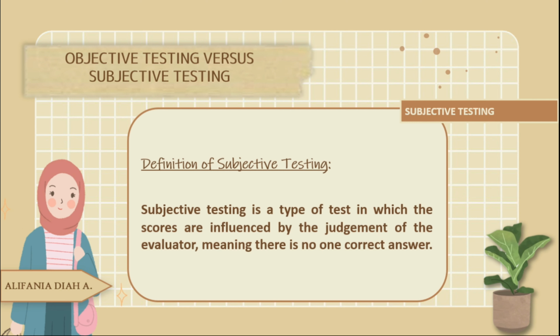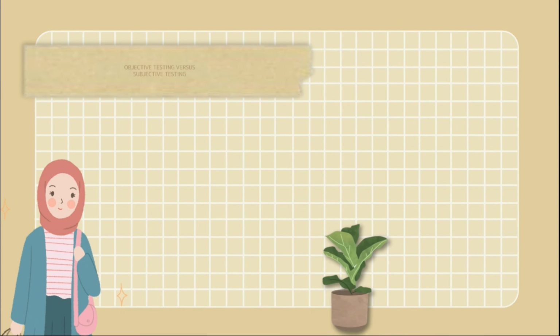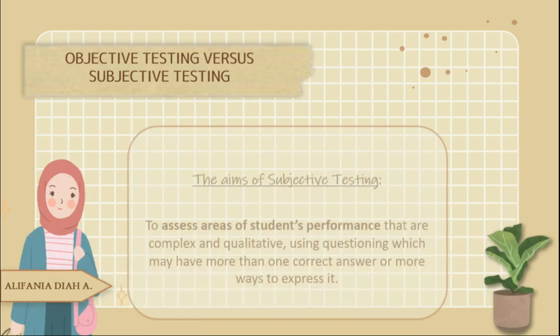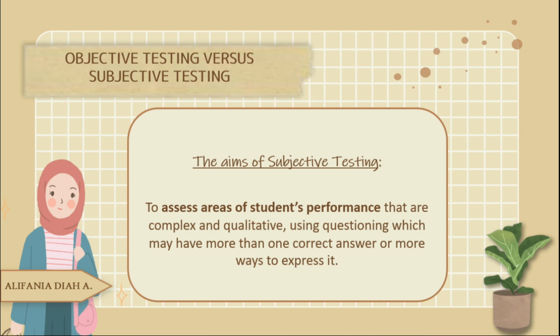The definition of subjective testing is a type of test in which the scores are influenced by the judgment of the evaluator, meaning there is no one correct answer. So, this is the opposite of objective testing. The aim of subjective testing is to assess areas of students' performance that are complex and qualitative, using questions which may have more than one correct answer or more ways to express it.